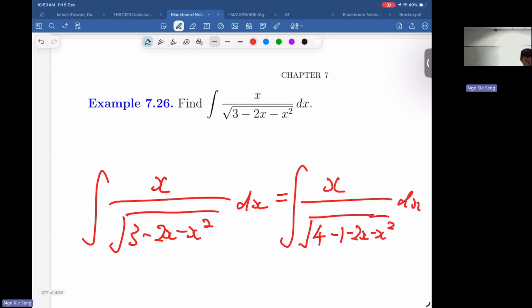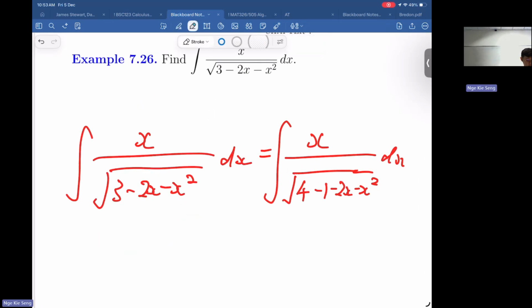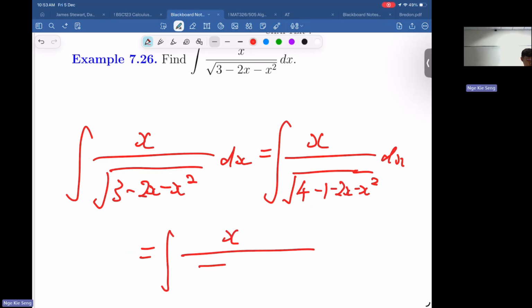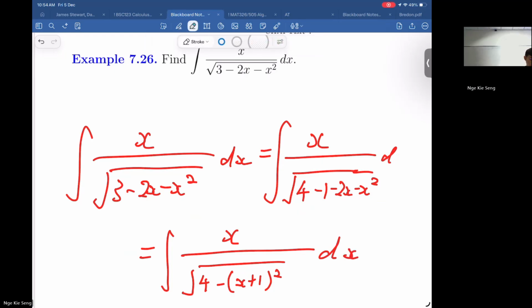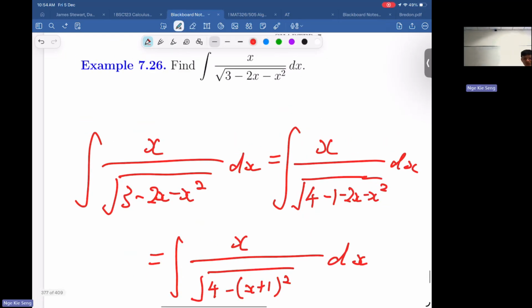And then we can factorize it: 4 minus (x plus 1) squared, like that. So in this case, you will let x plus 1 be the new variable. And then this is the sine substitution, so 2 sine theta. And then you do the calculation.